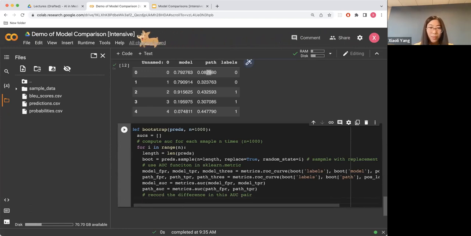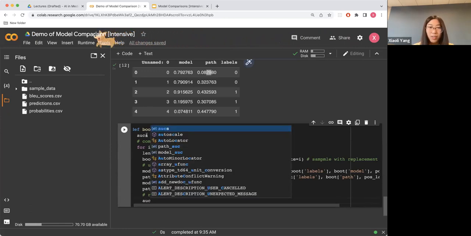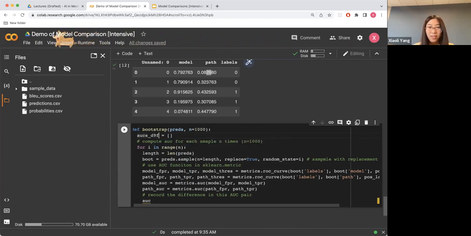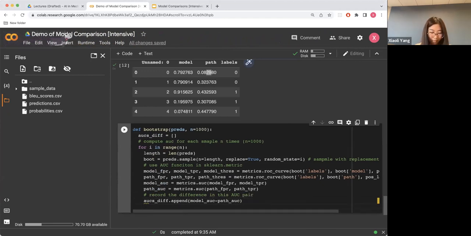So we would append it. Probably it makes more sense to call it AUC diff. Oh, I locked my screen. AUC diff. We'll append it to AUC diff. We would subtract them. Okay. Then we want to return our collector.